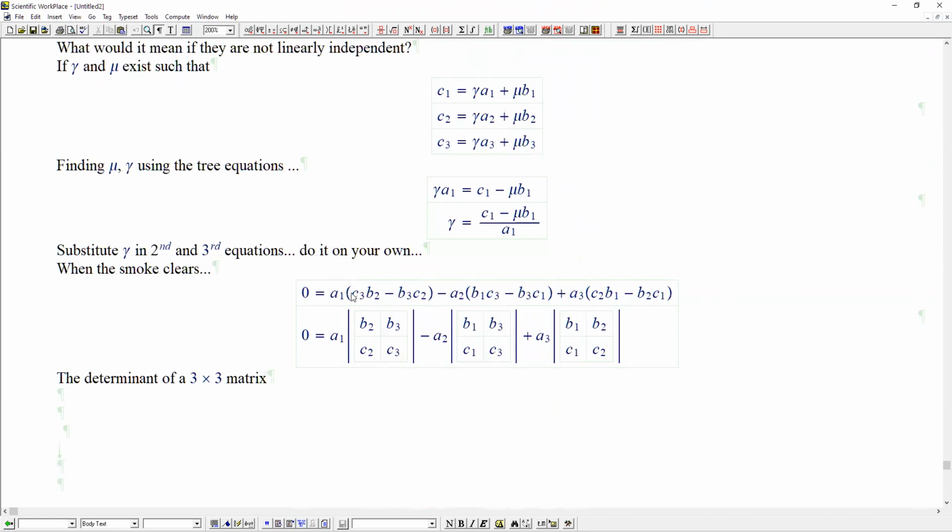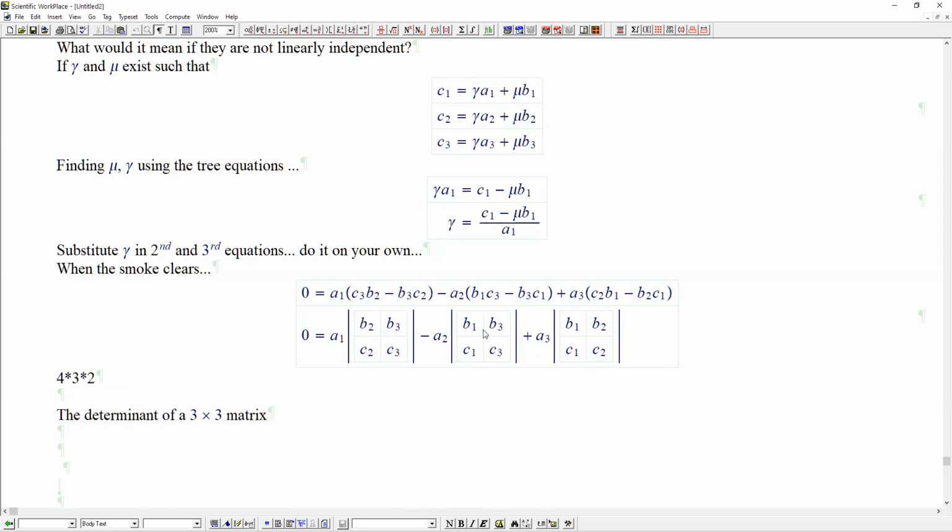So you see already I had two terms for a 2 by 2. Now I have 1, 2, 3, 4, 5, 6. And if I have a 4 by 4, can you imagine how many terms I would have? I would have four rows multiplied by the number of terms in each 3 by 3 determinant, so 4 times 6.